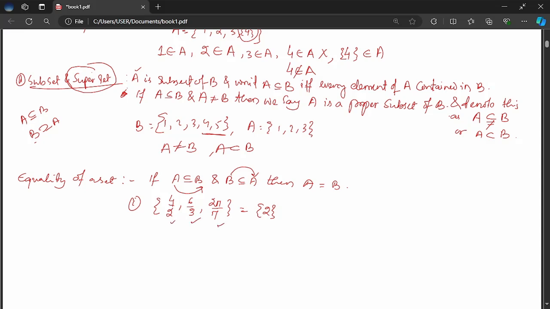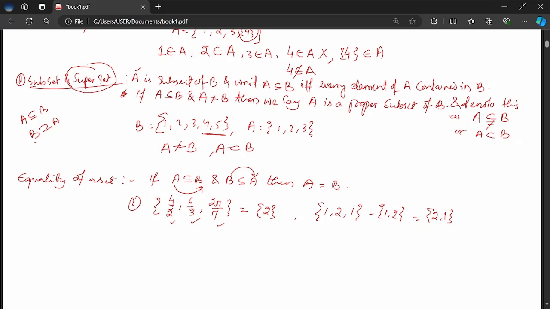So every element is 2, and 2 is contained in this set and also in here. So these two sets are equal. Also I can write {1, 2} equals {2, 1}. All these are equal sets.